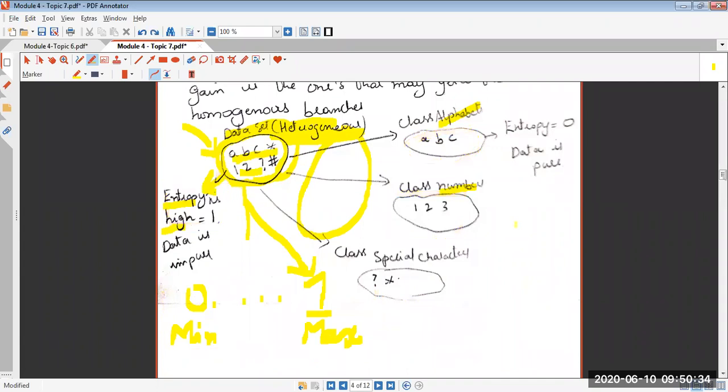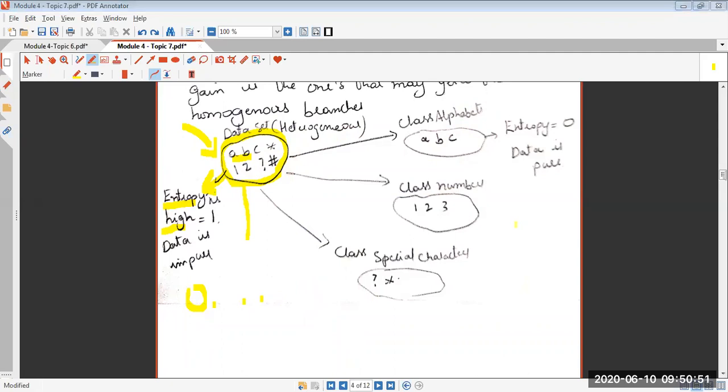Once again, I'm repeating the question. Please confirm whether you understood whatever was explained. So as a starting point for constructing a decision tree, we understood what is entropy, what is the challenge if entropy is high, and what you need to do. You need to reduce the entropy. From the scale 1, you need to reduce it and take it to maybe 0 or some value that is near to 0.